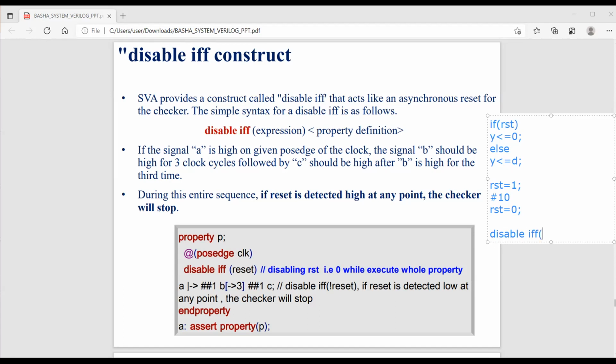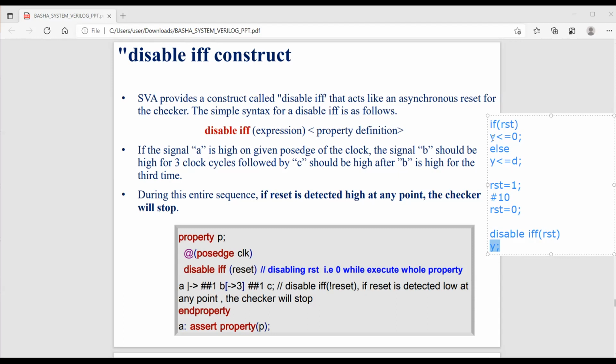So disable iff of when your reset is high. You are writing like this, and after that you are writing some expression. Okay, I have written, so this is some expression. It means while evaluating this entire expression, if your reset goes high, it will not affect the expression.